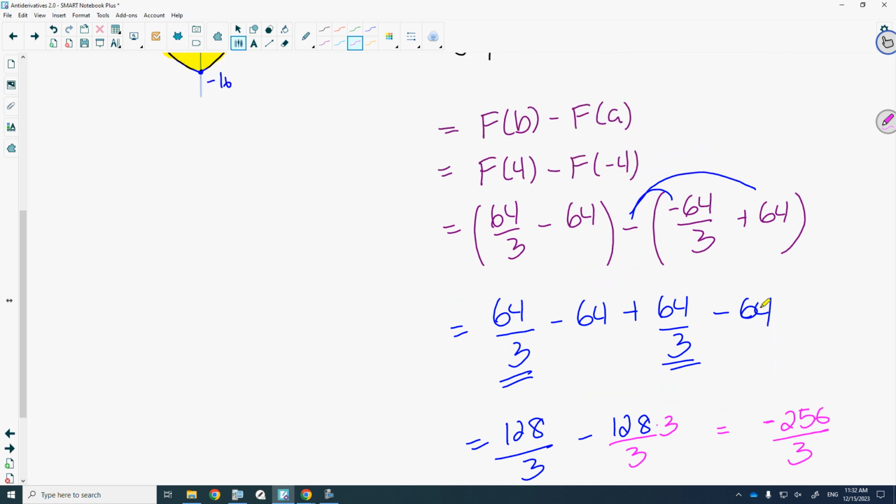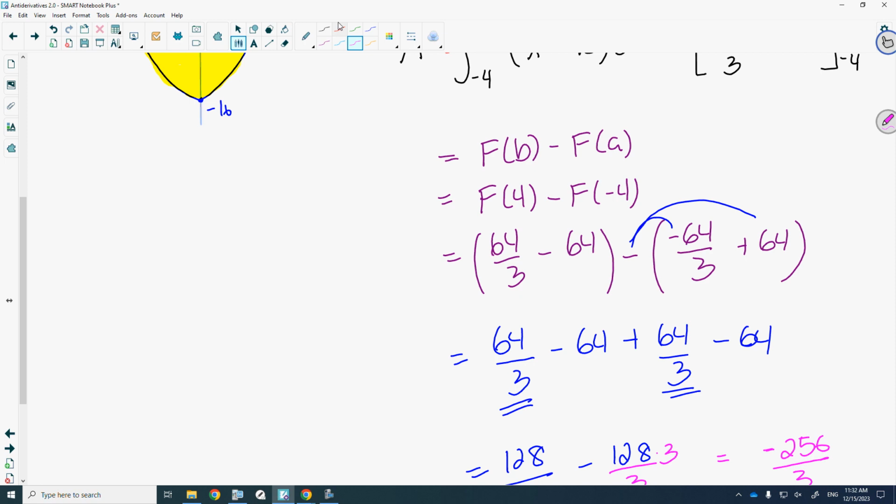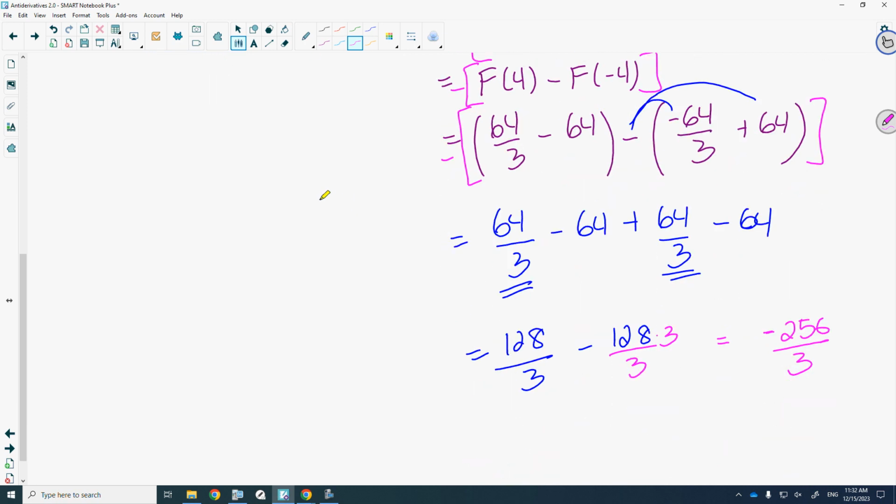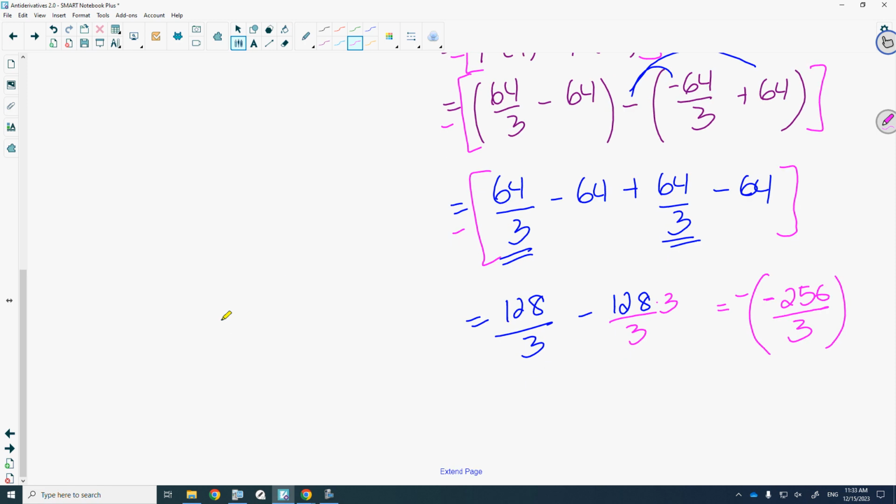So to keep that negative inside, I would be doing this. I'm following the negative through here. And then my final answer, I'm going to multiply it by a negative 1, which will give me an area of 256 over 3 units squared.